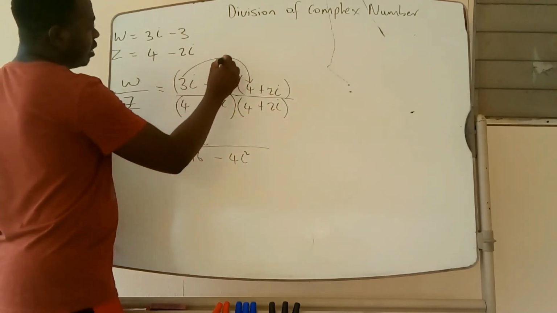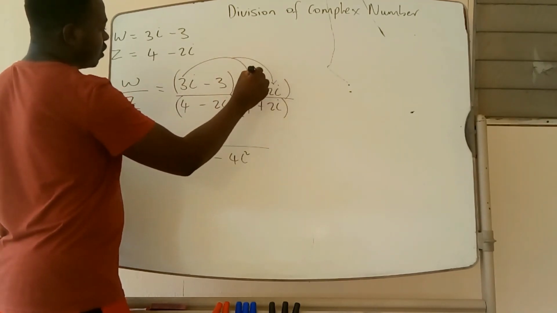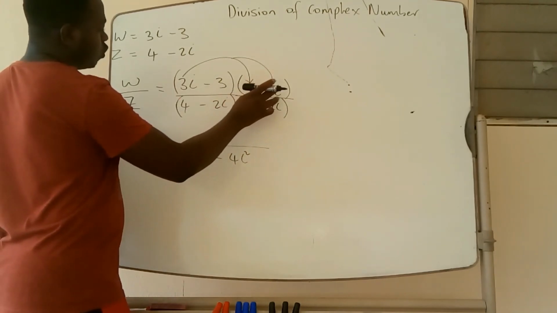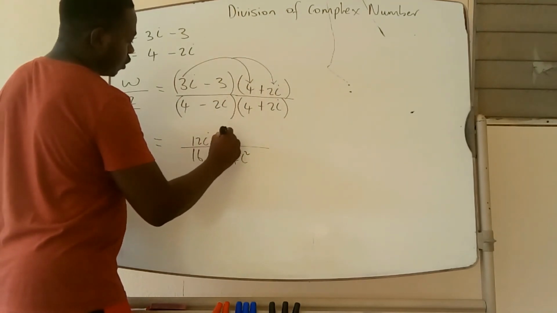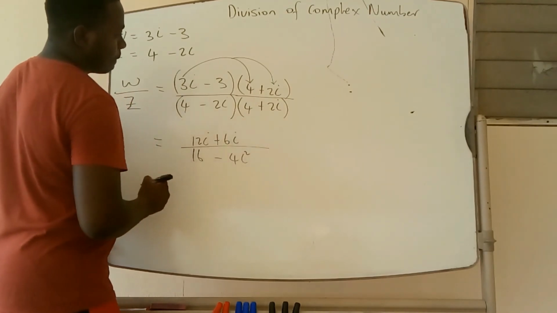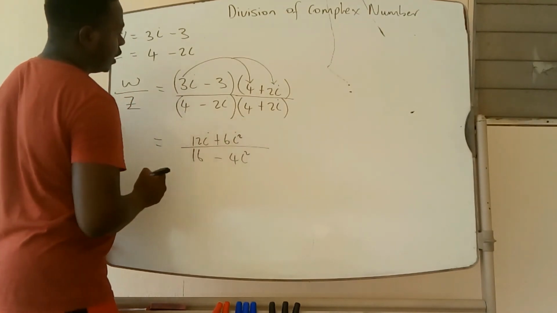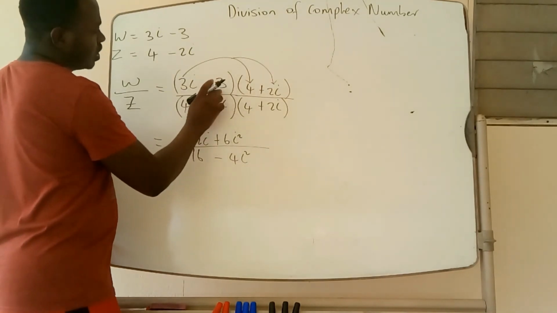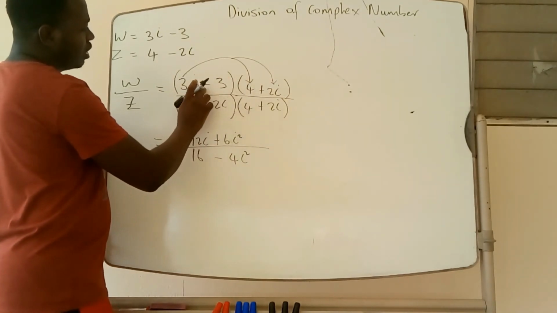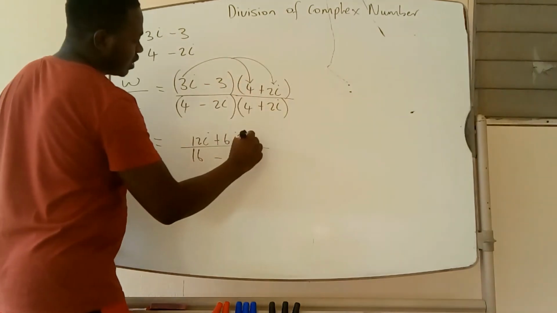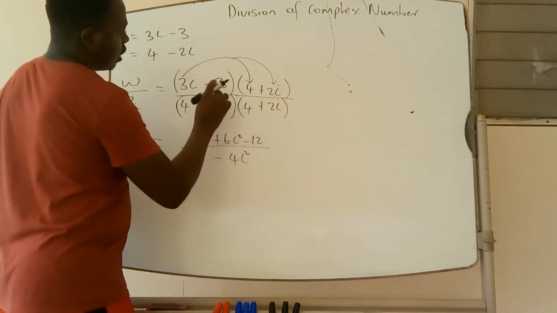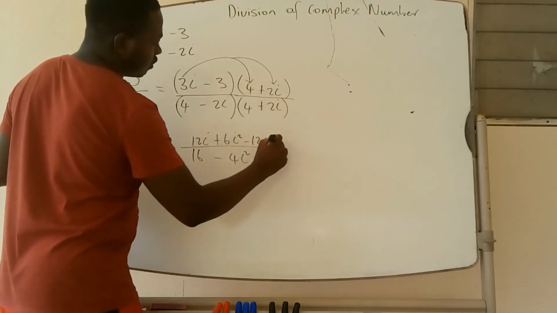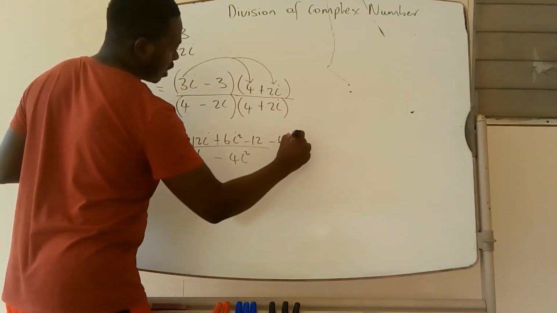Then 3i times the second term. So 3i times plus 2i, that's going to give us plus 6i squared, right? Then we're going to use the second term to multiply the first term. So minus 3 times 4, that gives us minus 12. Minus 3 times plus 2i, that's going to give us minus 6i.